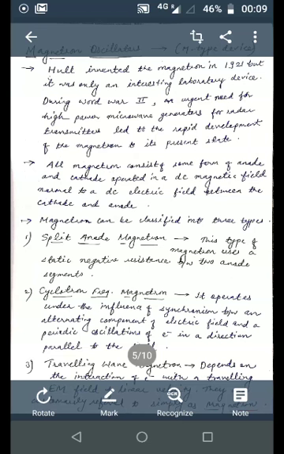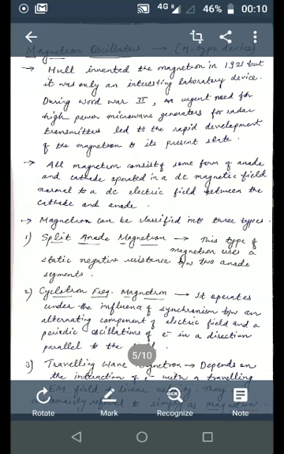Then the cyclotron frequency magnetron. It operates under the influence of synchronism between an alternating component of the electric field and a periodic oscillation of electrons in a direction parallel to the field. Third, and very important, is the traveling wave magnetron, which depends on the interaction of electrons with the traveling EM field of linear velocity.